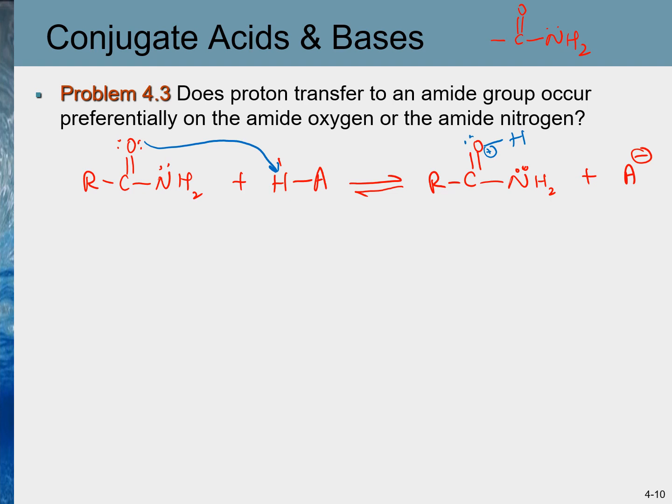Or the second possibility is that the nitrogen acts as the proton receiving site. So in that case, nitrogen will get the positive charge.